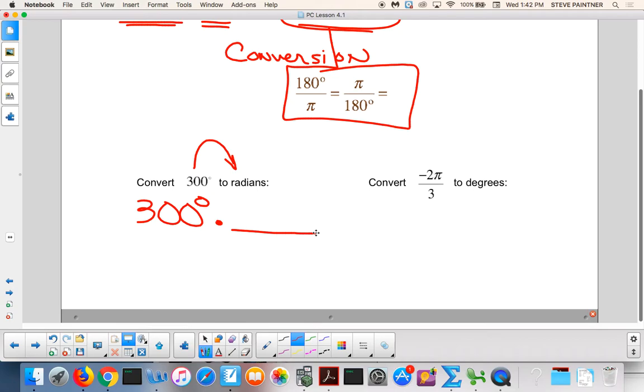Do you want the radians on top or the bottom? On top. Because you want the degrees to cancel out, yeah. So you must do this. Radians on top, well, that would be this one, right? Pi radians is equivalent to how many degrees? 360. That's the way you want to tackle this one.